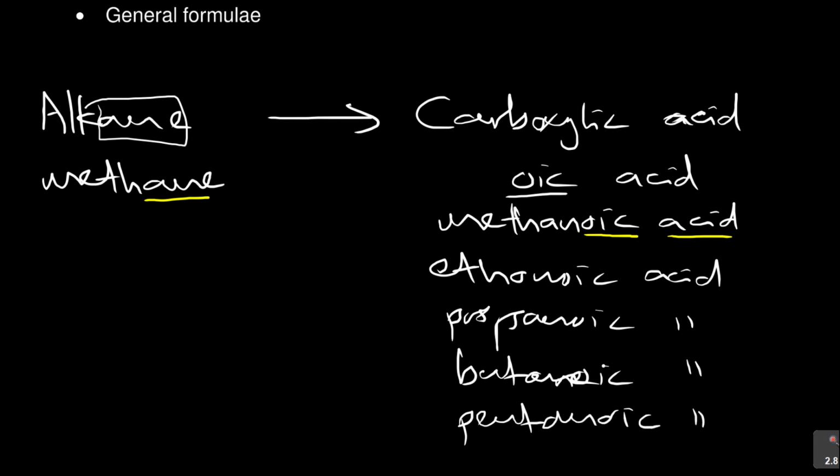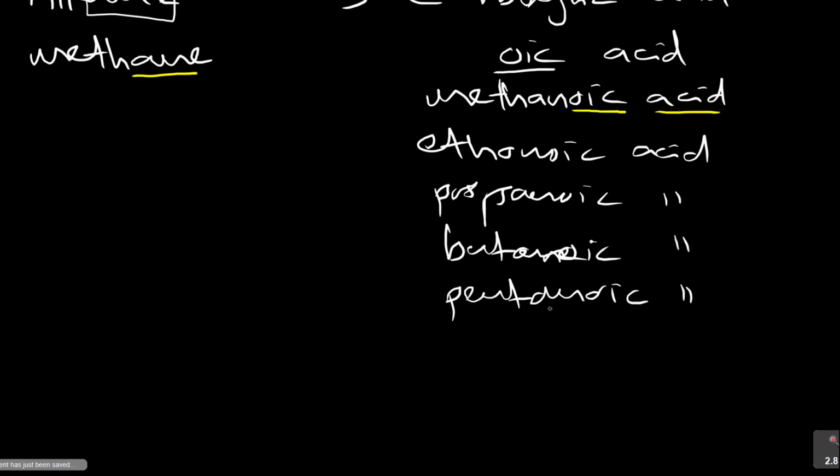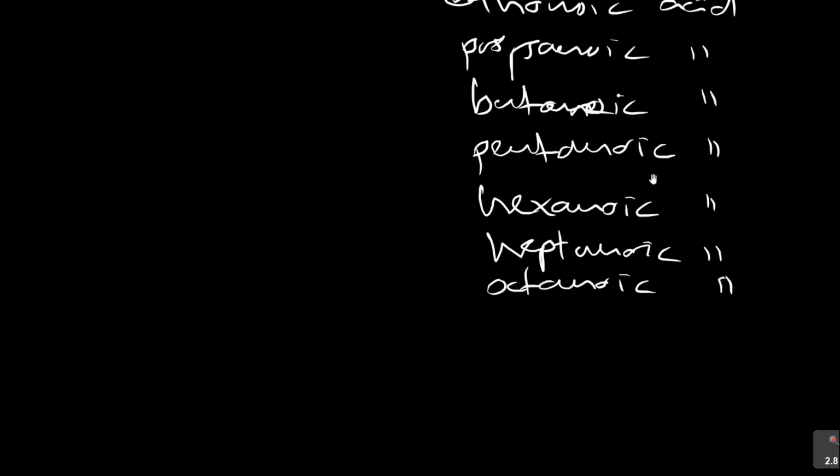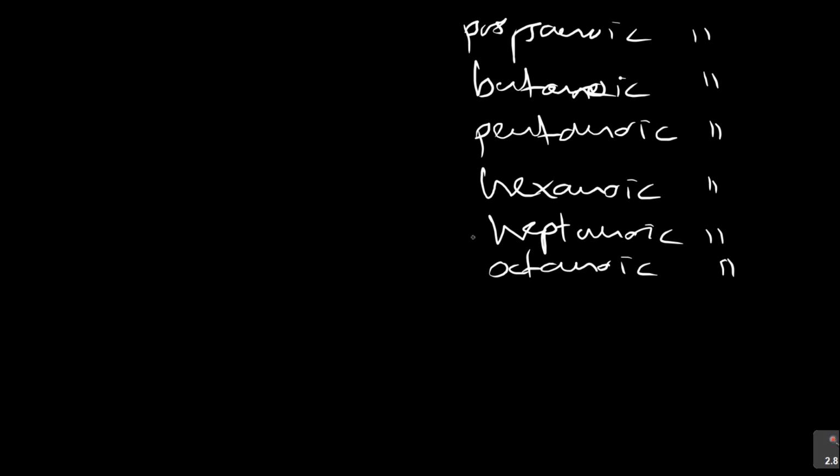Apologies for my terrible handwriting at times. And then you have got hexanoic acid, and then you have got heptanoic acid, and then you have got what? Octanoic acid. Now you can ask me to draw, for example, let me draw number 7 here. Let's draw the structure of heptanoic acid.